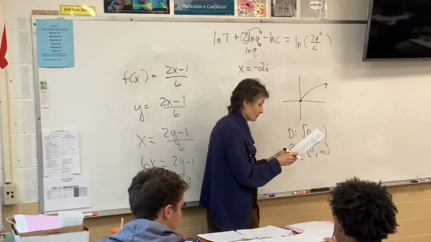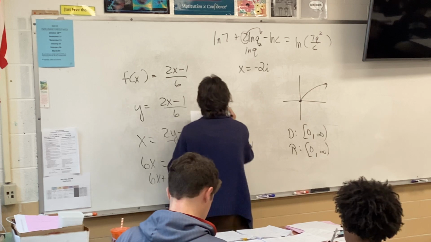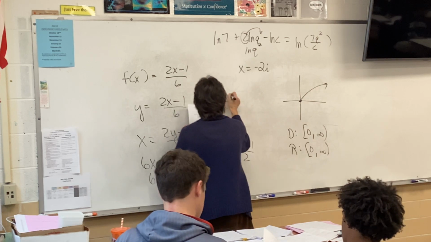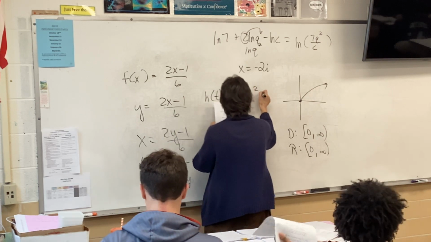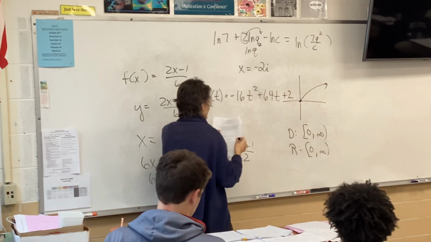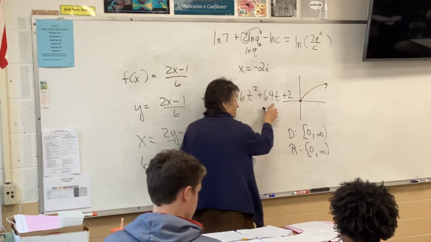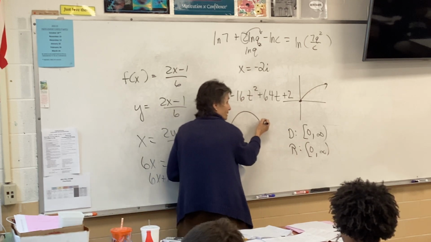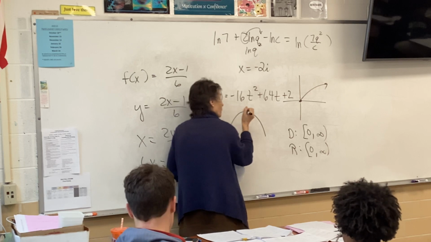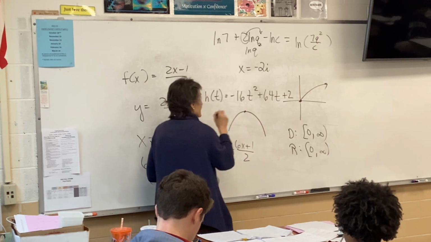Lewis? Number 17. The height of a ball above the ground is given by this equation. This is your projectile motion equation. Find the maximum height. Okay, what shape is this, guys? Opening down. Don't we want to find the vertex?